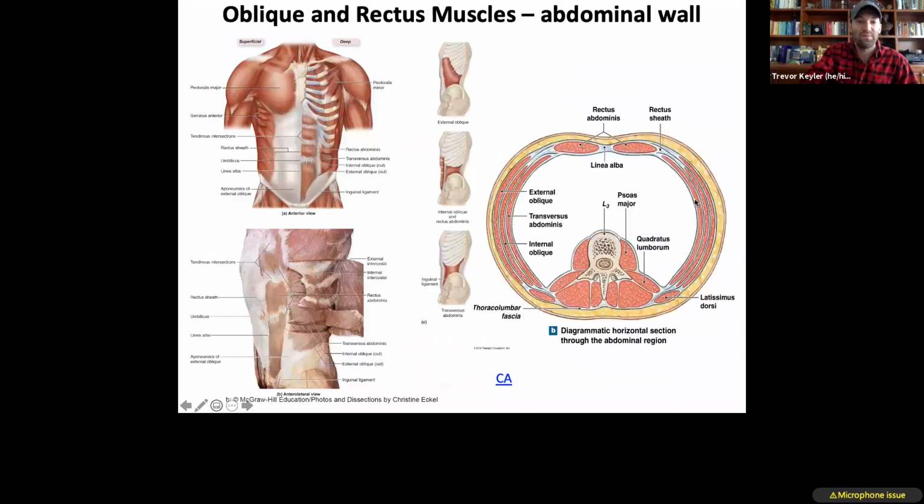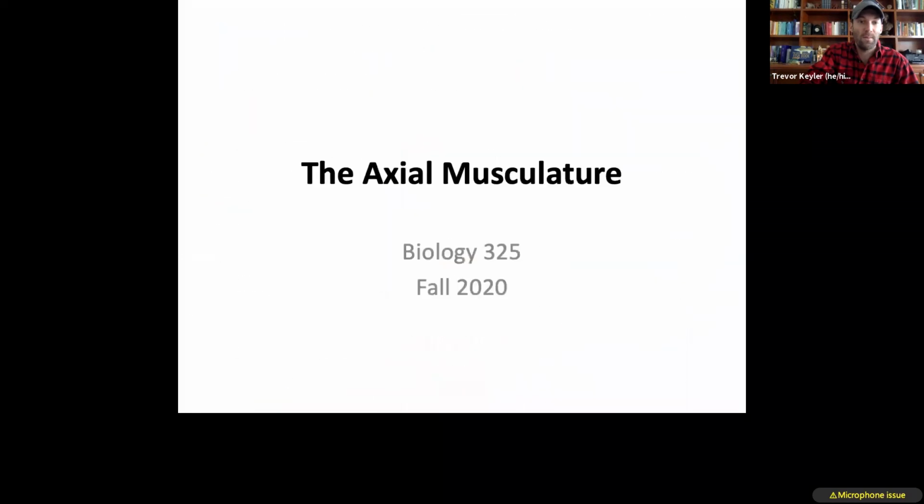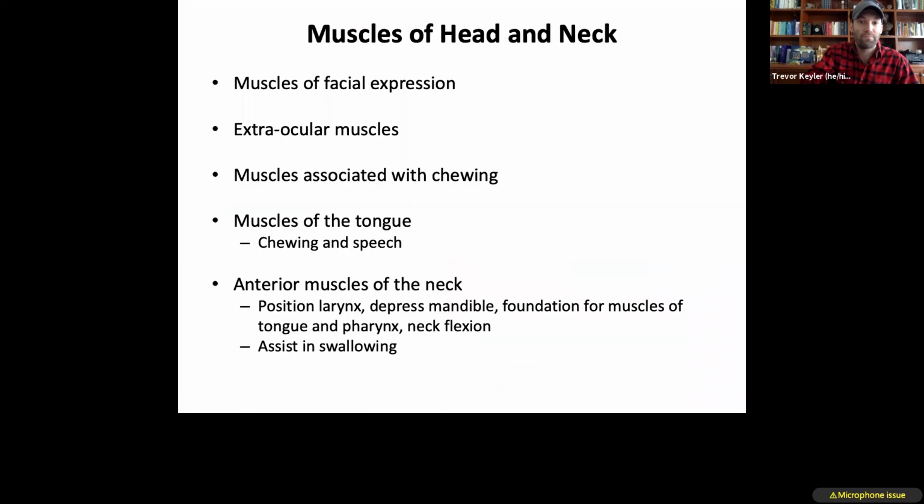That's the last slide, so I suppose I gotta delve all the way back here. Okay, so we're gonna start with the muscles of the head and the neck today as part of the axial musculature. These are gonna be needed for, importantly, especially something us humans do, facial expression. You can get a lot from another person just based on their facial expression.